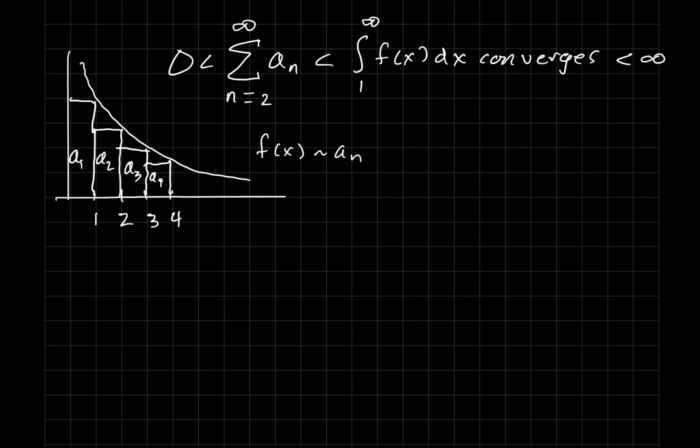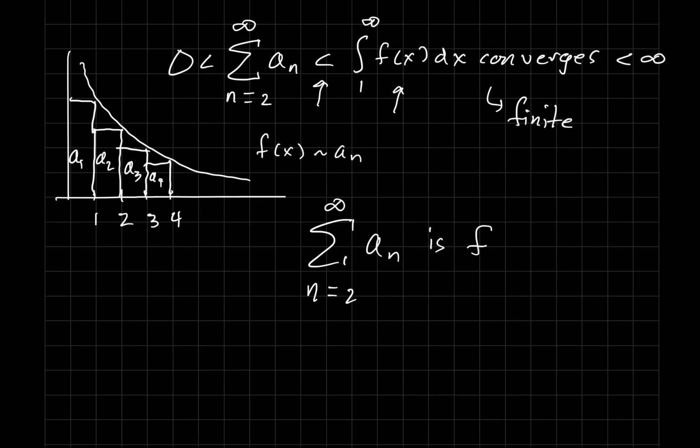But since the rectangles have a smaller area than the area given by the integral, and that the integral is finite, that implies that the series from 2 to infinity is finite as well.